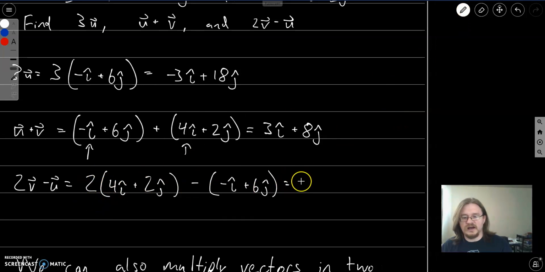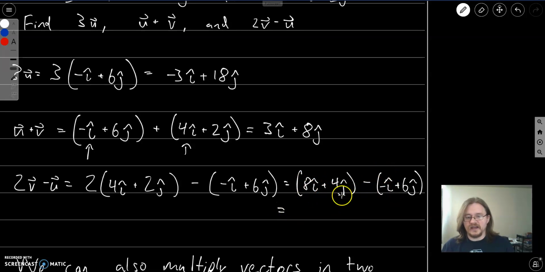We'll have 8i plus 2 times 2 is 4j. We're going to subtract -i plus 6j. And we've got 8 i's, and we're going to subtract -i. So subtracting a negative number, we're going to add 1. And then we've got 4 minus 6. And so it's going to be minus 2j.